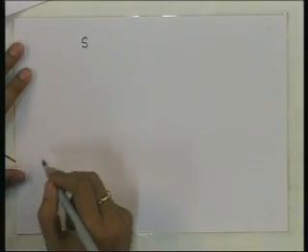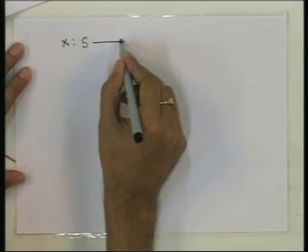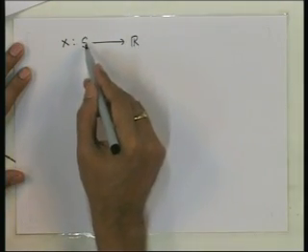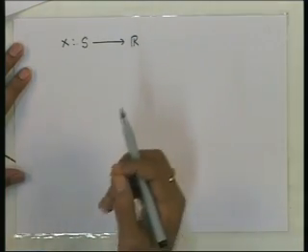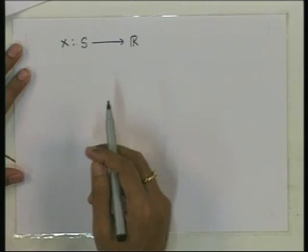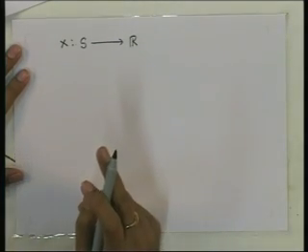Okay. Now, we have a sample space S corresponding to an experiment, and if we consider a mapping X of S into R, what is this mapping? This takes every element from the sample space to a real number. So, the outcome of the experiment may not be a real number. For example, in tossing a coin, the outcome is either head or tail, it is not a real number.